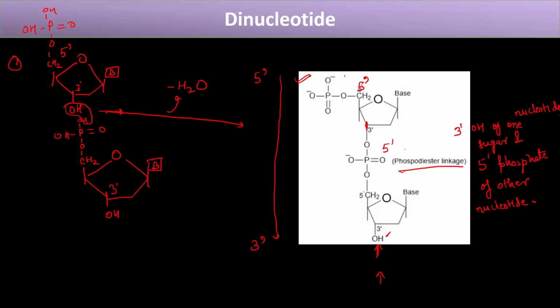Okay. Now we have understood the dinucleotide. Now let's move to the structure of polynucleotide. Polynucleotide means we will have multiple nucleotides, right? So let's draw. This is your first nucleotide. Here a base is attached. Here you will have OH, right?